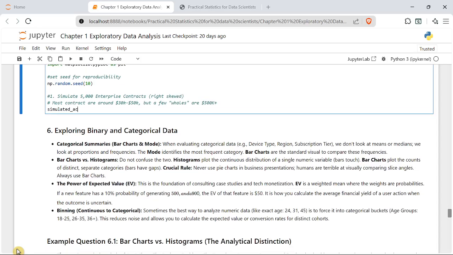Simulated ACV equals np.random.lognormal(mean=10.5, sigma=1.2, size=5000).